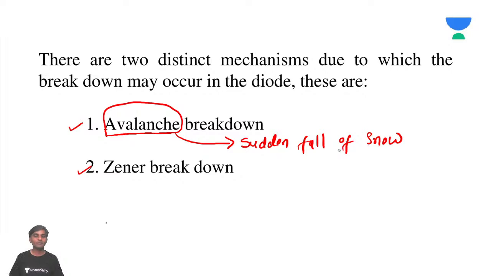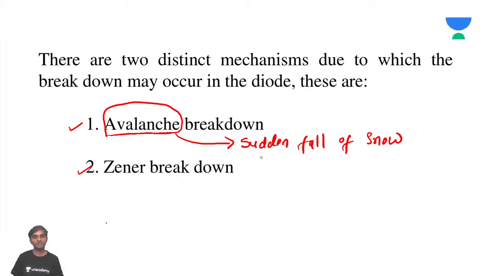In the extreme parts of the globe, or even as Indians we can say, at Mount Everest, there will be a sudden fall of snow. In 1 second, in 1 minute, 100 feet of snow will come down. That is called avalanche.